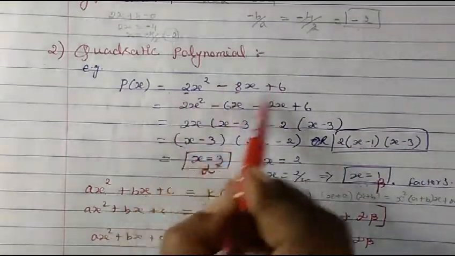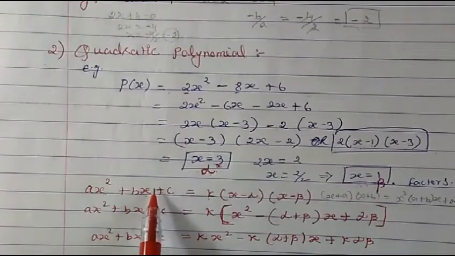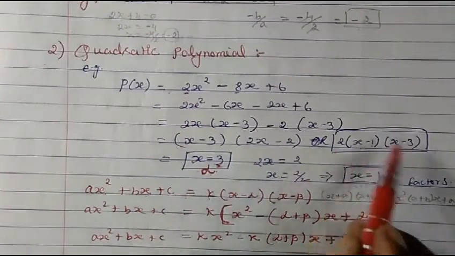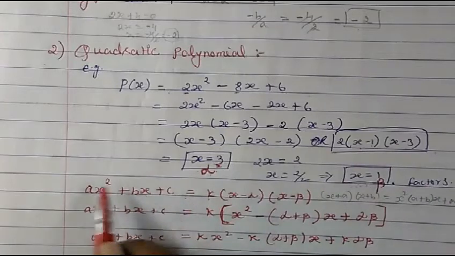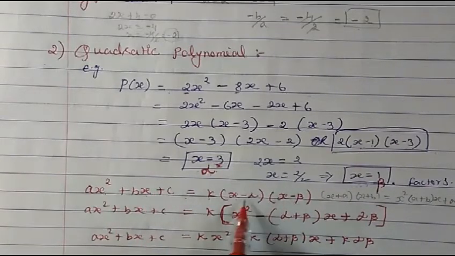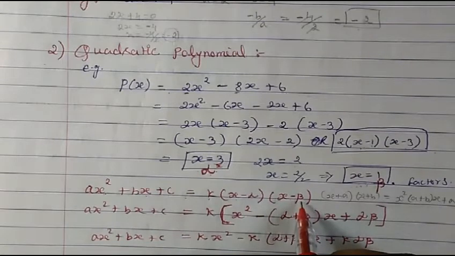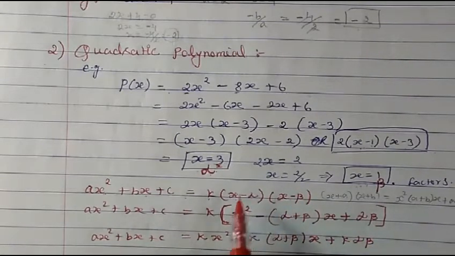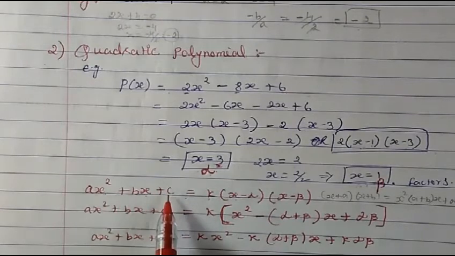So for this general polynomial, we will be getting the factors. We get 2 factors for the quadratic polynomial, so I have written the 2 factors as x minus alpha and x minus beta. Okay, so these are the 2 factors of this quadratic polynomial.